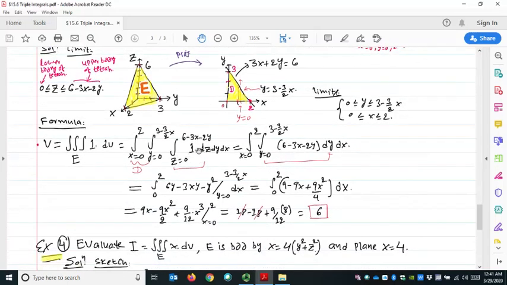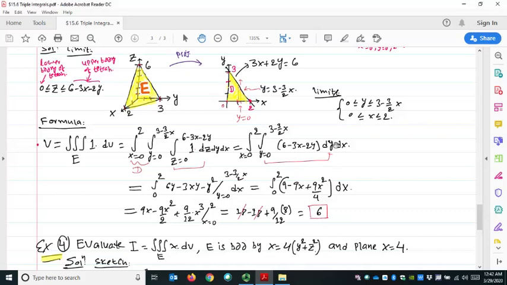So the dz becomes z evaluated at the limits. Write down the x integral, write down the y integral of 6 minus 3x minus 2y, which comes from the z integral, times dy dx. Great, let's move on.